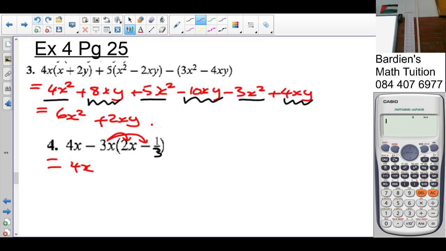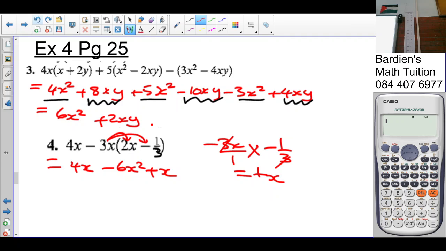Then we multiply this: negative 3x times 2x, negative 6x squared. Negative 3x over 1 times negative 1 over 3. What's negative times negative? Positive. That cancels, leaving you with x. You remember last year we did BODMAS and you guys didn't take note, you didn't want to do the work. This is exactly the reason why we would do it.